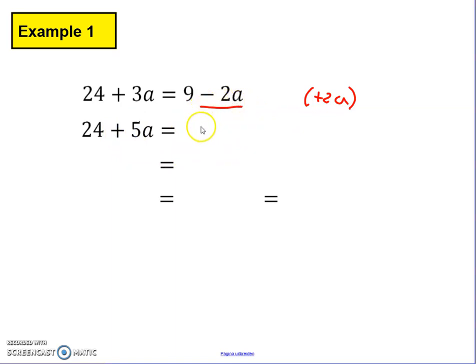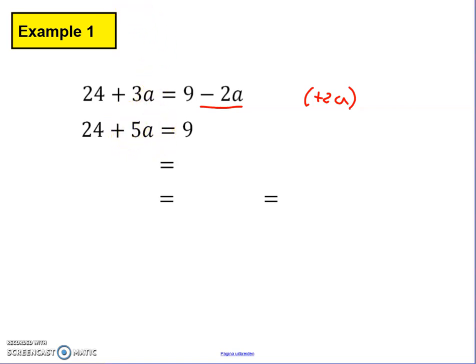On the right side, I still have 9 left, and then minus 2a plus 2a removes this minus 2a, so there are no variables of a left on the right side. And that's really nice, because now we only have the variable a on the left side.